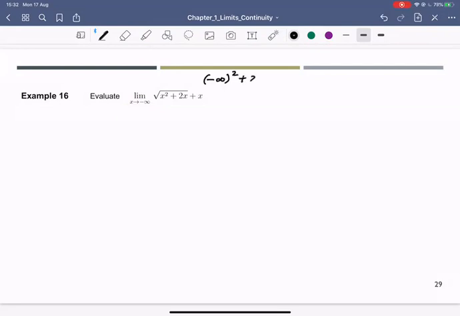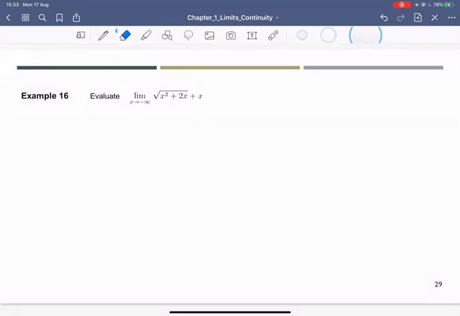Under the square root, if you have something going to negative infinity squared, you get positive infinity, and then you minus 2 times negative infinity. I don't know what the answer is here. It is impossible to plug in x equals negative infinity, because negative infinity is not a real number anyway.